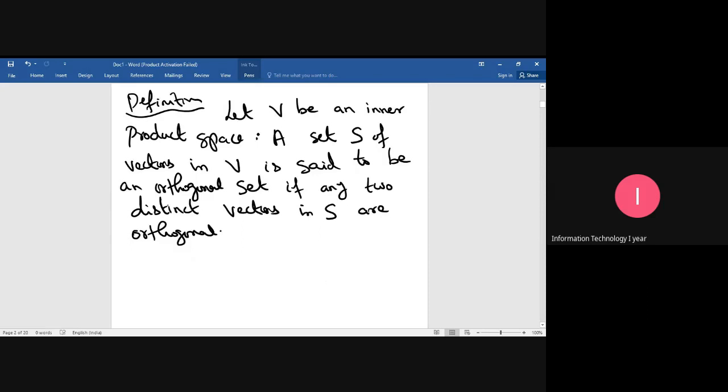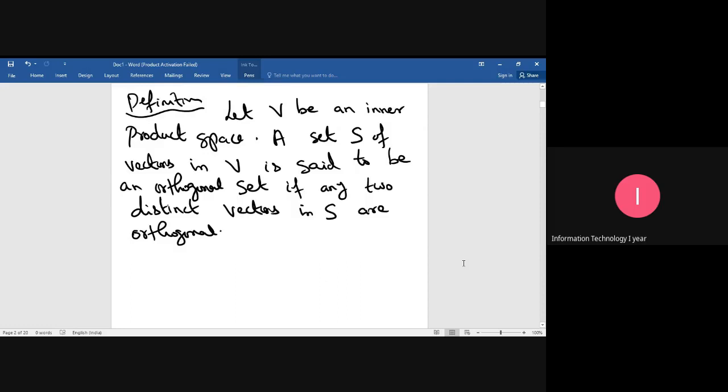See, V is the inner product space, which means it has to satisfy the four conditions. A set S of vectors in V, so a set of vectors, not an individual vector, is said to be an orthogonal set if any two distinct vectors in S are orthogonal.